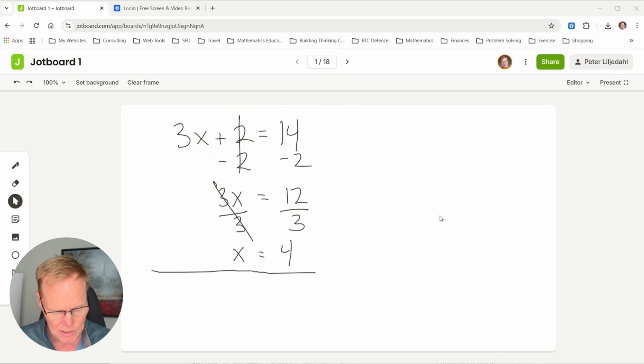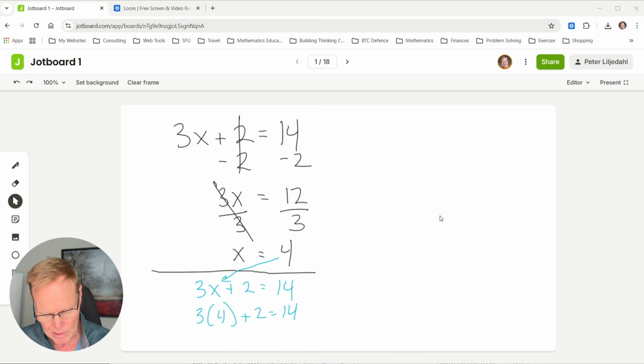I said, okay, let's double check that. We're going to start with our original equation, 3x plus 2 equals 14, and we're going to put the 4 into this. So it's going to be 3 times 4 plus 2 equals 14. And then we solve that. That's 12 plus 2, so 14 equals 14. And that is true. So therefore, this answer is correct.